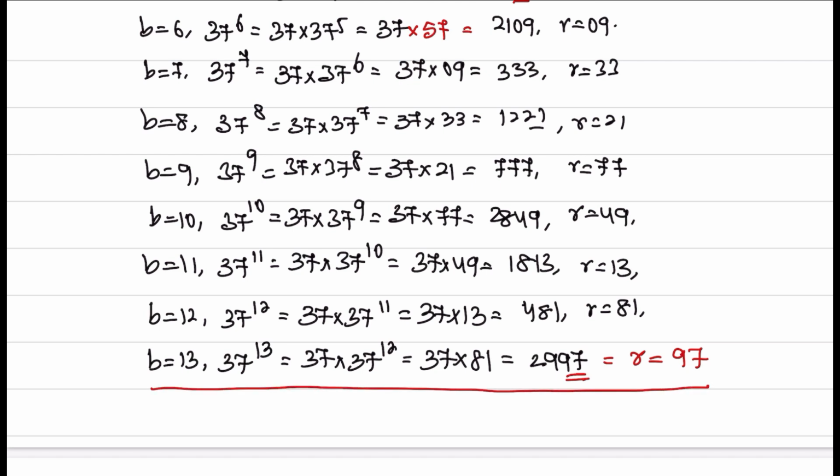That means b is equal to 13 and the remainder is equal to 97. Our answer has come.